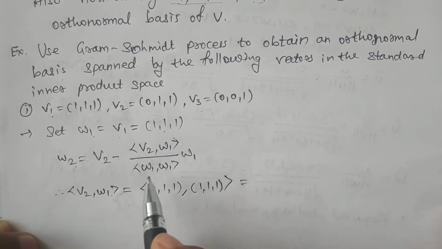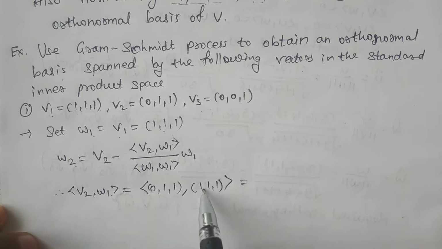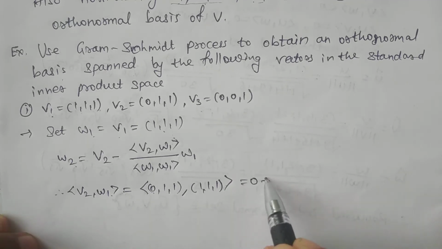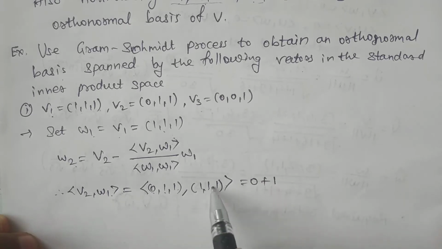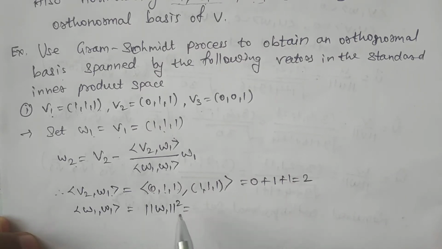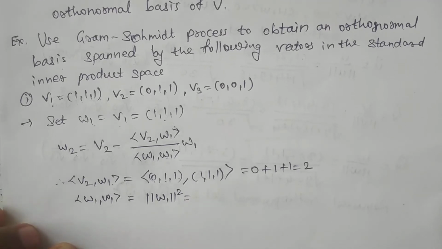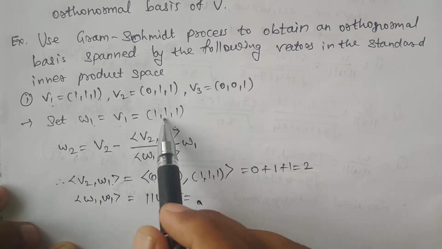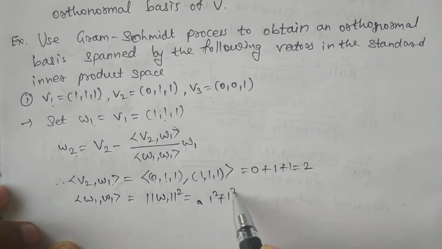We know that this is the Euclidean inner product, so just multiply and add: 0 into 1 is 0, 1 into 1 is 1, plus 1 into 1 is 1, so it is 2. Then the inner product of w1 comma w1 is the norm of w1 squared, which is 1 square plus 1 square plus 1 square, so it is 3.